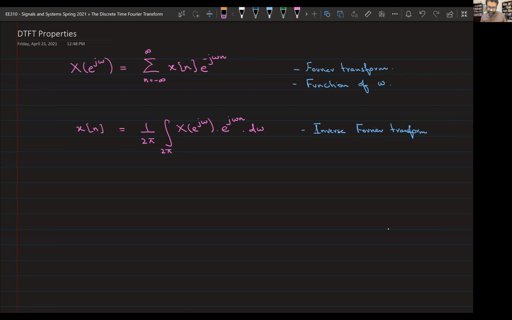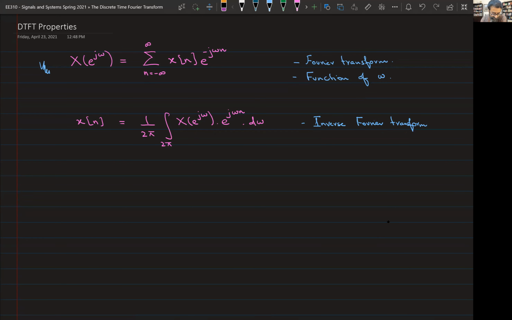So here's the overview of what Fourier transform is, like we discussed last time. The Fourier transform is X of e raised to j omega. This is the notation we're going to use, and this is a function of the independent variable, which is omega.